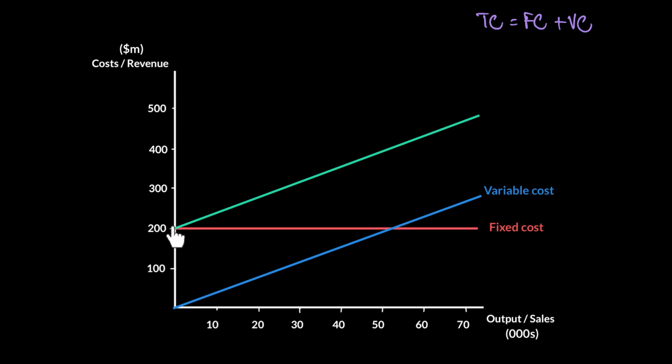The factory, the rent and all that is costing us that much. And with every extra unit that you produce, the amount of variable cost that you incurred gets added to this graph. So the combination of variable and fixed gives us our total cost curve. Remember, it will always start from where the fixed cost is starting and it will be parallel to the variable cost curve. So this distance between the red and the blue line indicates the fixed cost of the business.